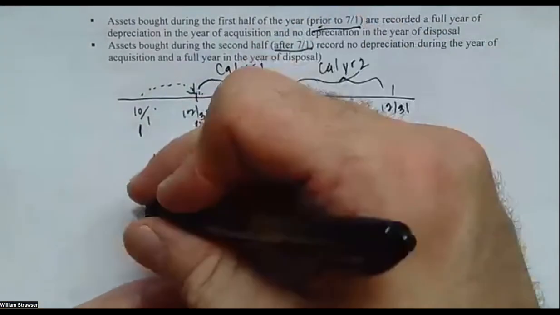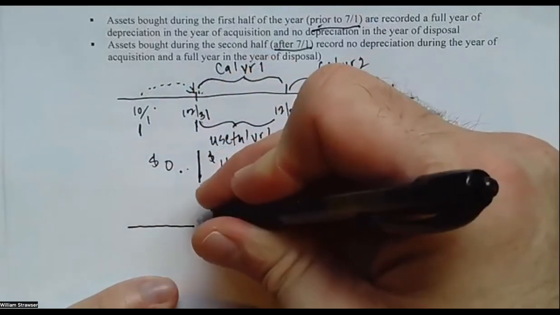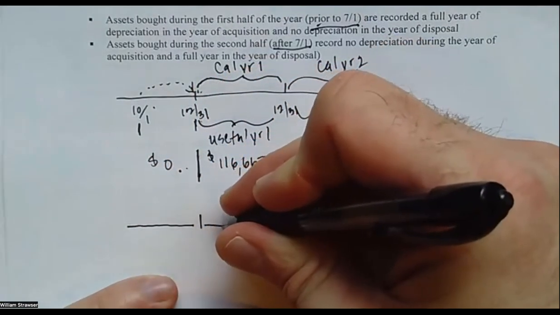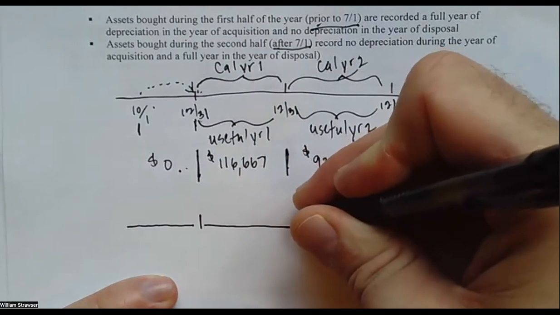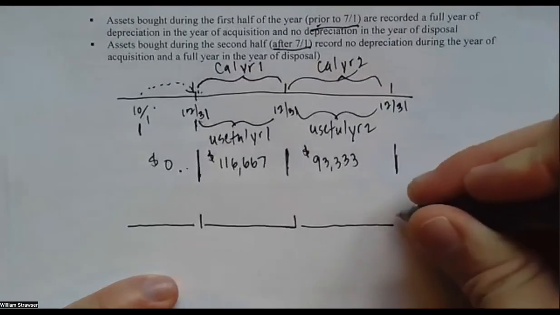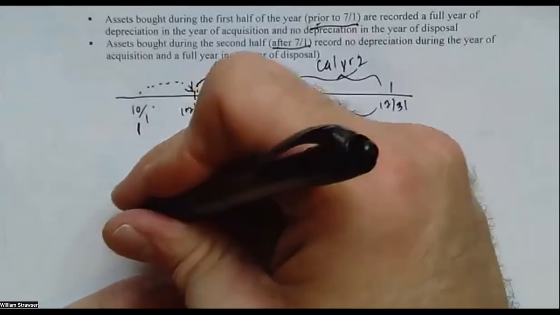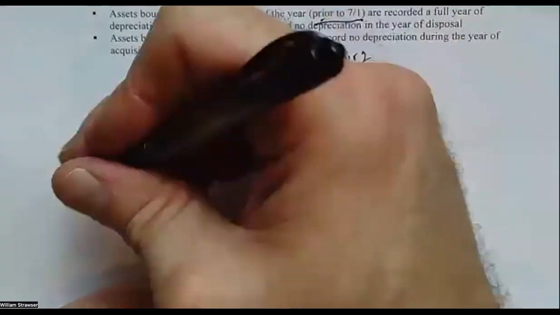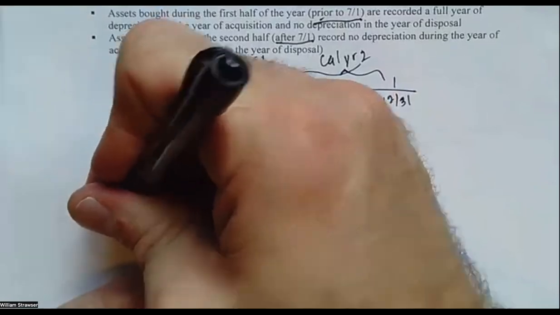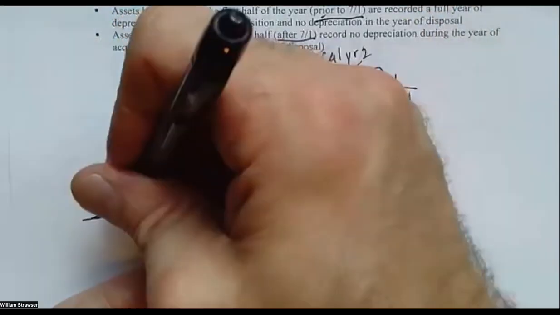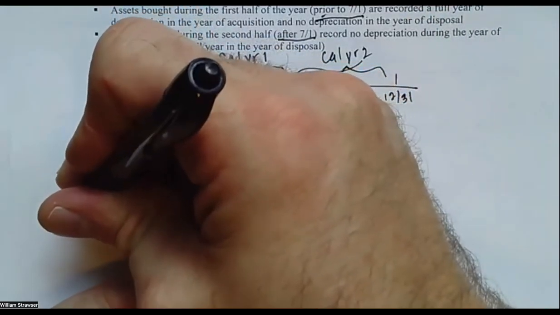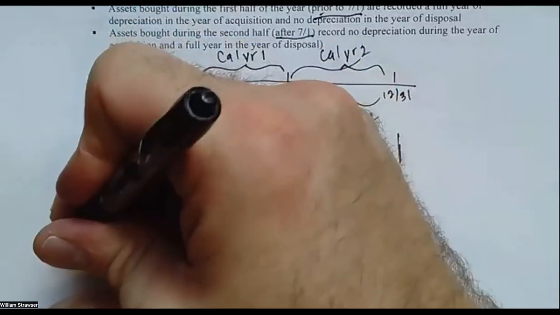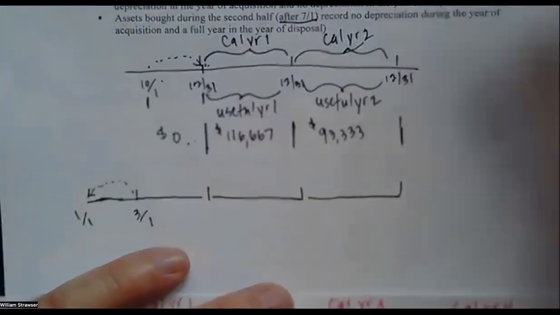So let's say that in actuality, instead of October 1st, I bought it on March 1st. That was the actual acquisition date. Well, because March is before July, I would bring it back and pretend like I bought it on 1/1.